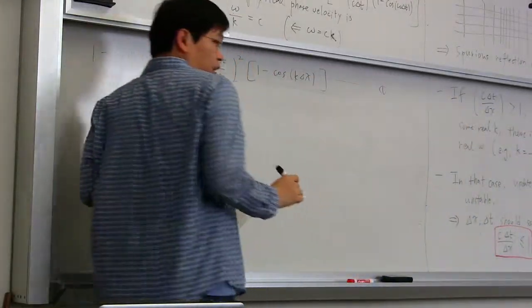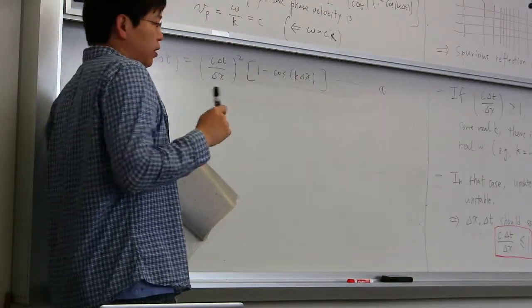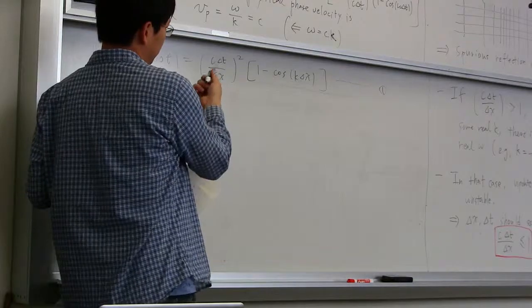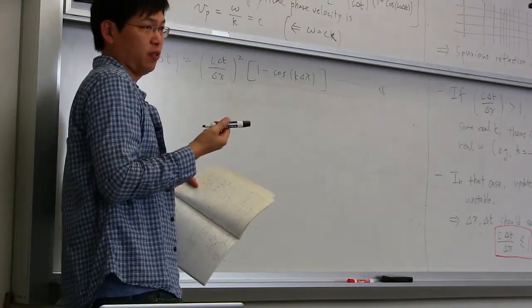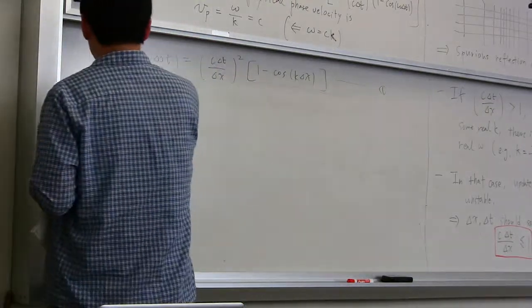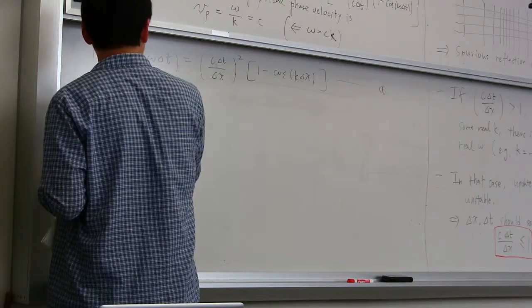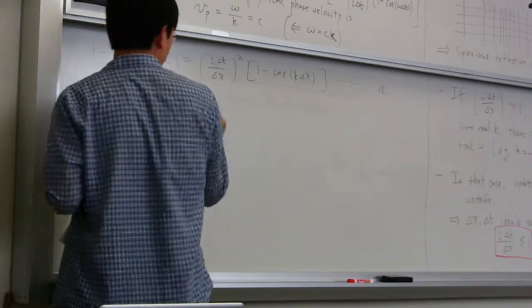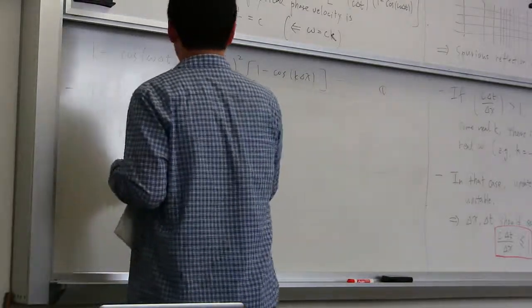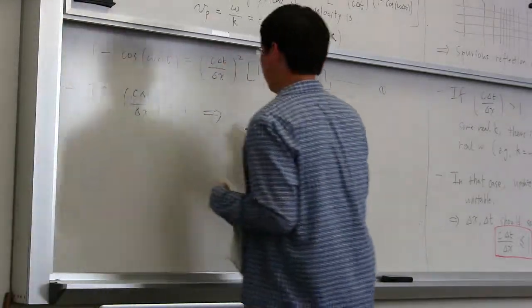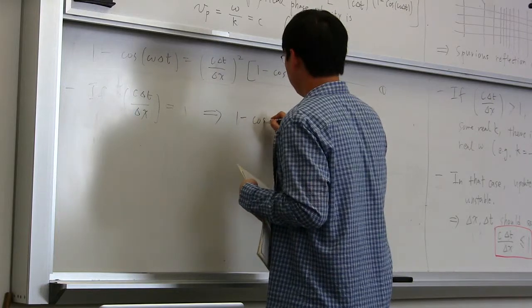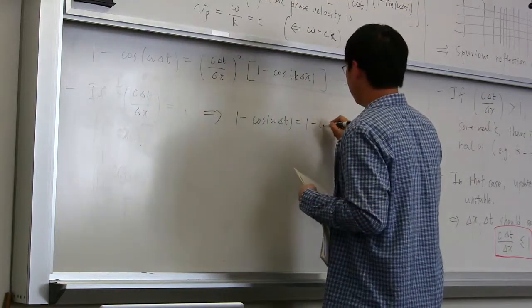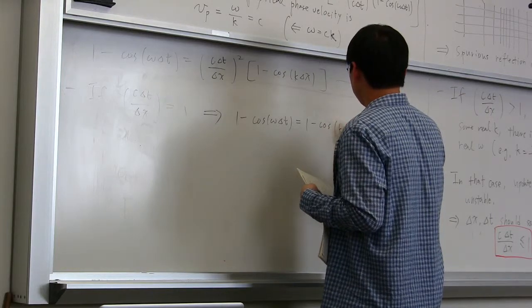A few people asked why we choose c delta t over delta x close to 1, right? If c delta t over delta x is equal to 1, then you have 1 minus cosine omega delta t equals 1 minus cosine k delta x.